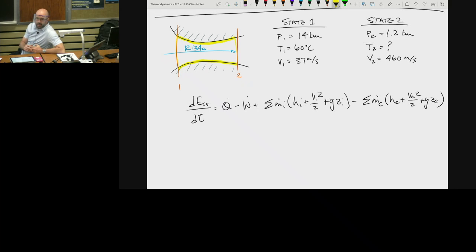And we're going to systematically go through all the things that we can set to 0 and neglect.